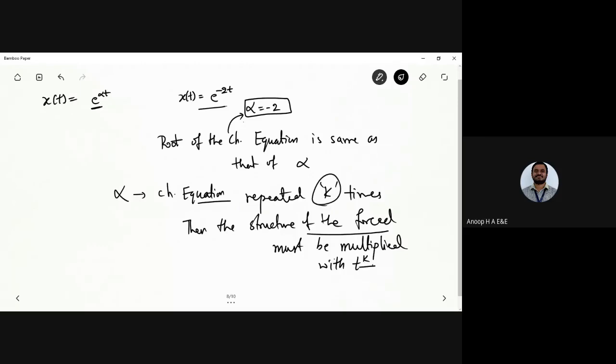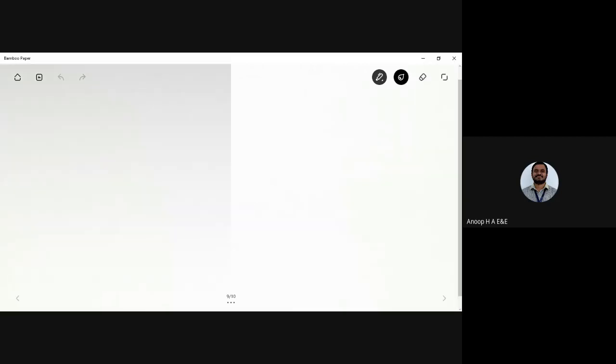If k takes the value 2, that is repeated twice, you are going to multiply it with t squared. This is a simple approach to find the structure of the forced response if alpha is repeated twice. Let me take up a simple problem to make you understand.